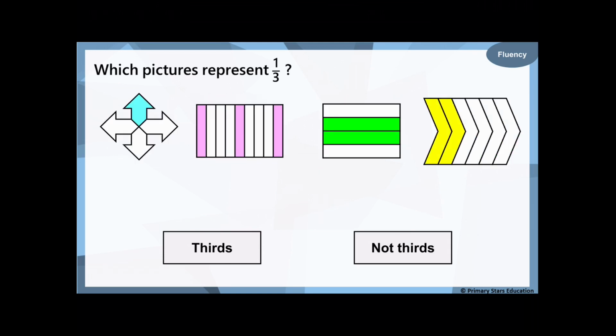What about these pictures? Which pictures represent 1/3? This time you might need to count up all of the shapes and then think about how much of each one has been shaded.